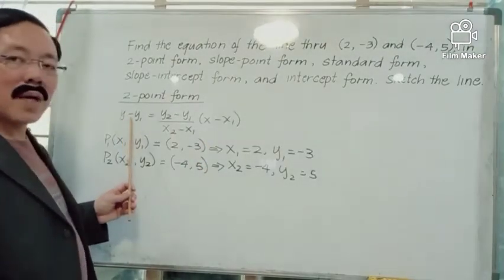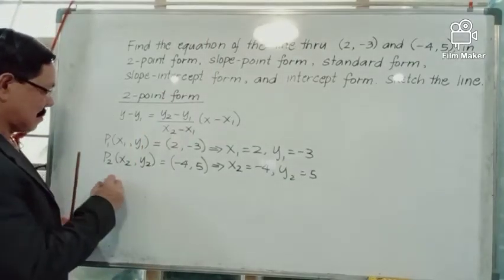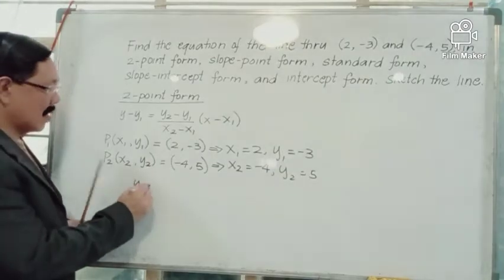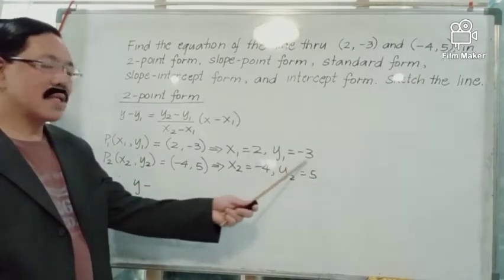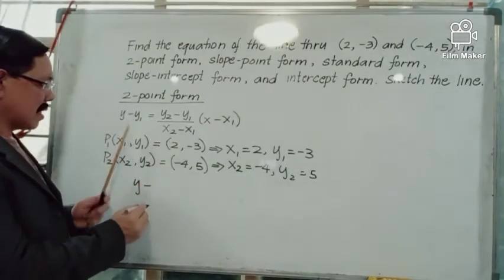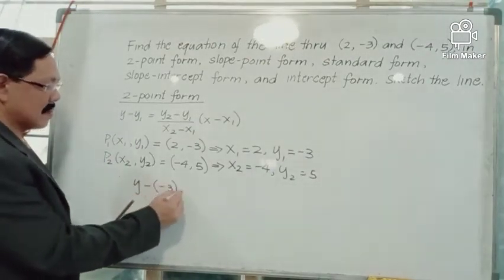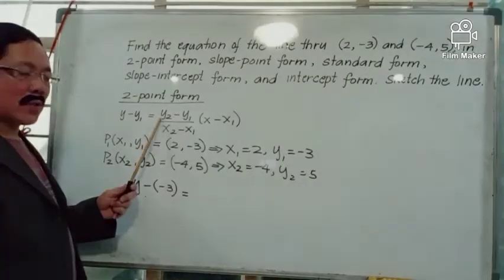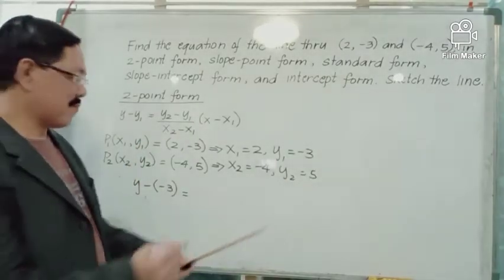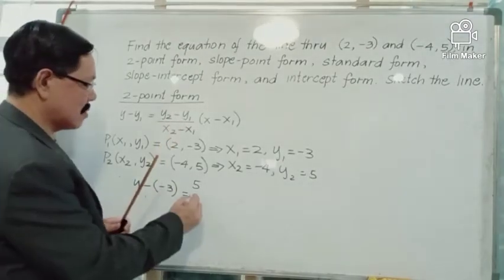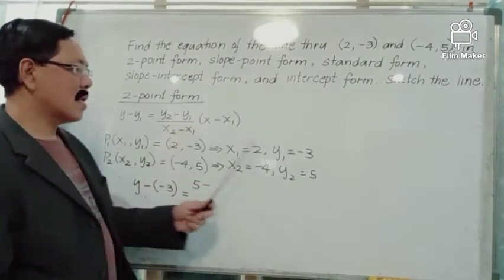We have y minus y1, y1 is -3, so y minus (-3) equals y2, y2 is 5, minus y1, y1 is -3.